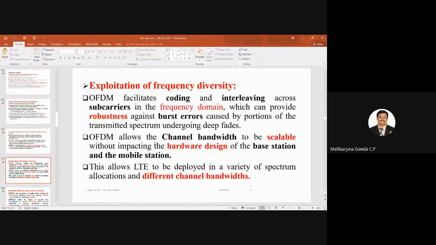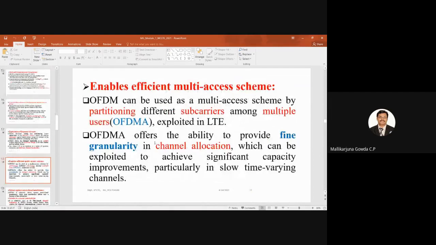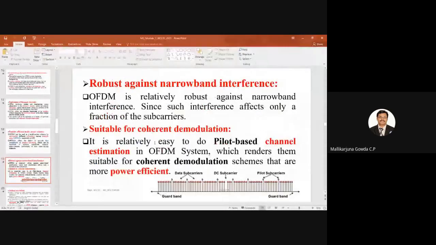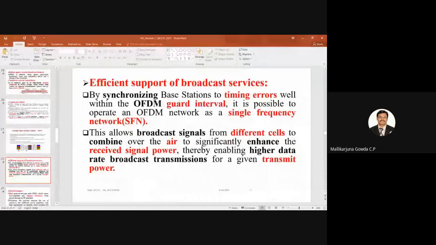Then it has the ability to exploit frequency diversity. Then it enables efficient multi-access schemes. Then it is robust against narrowband interference. Then it is suitable for coherent demodulation. Then it facilitates the use of MIMO. The last one is efficient support of broadcast services.